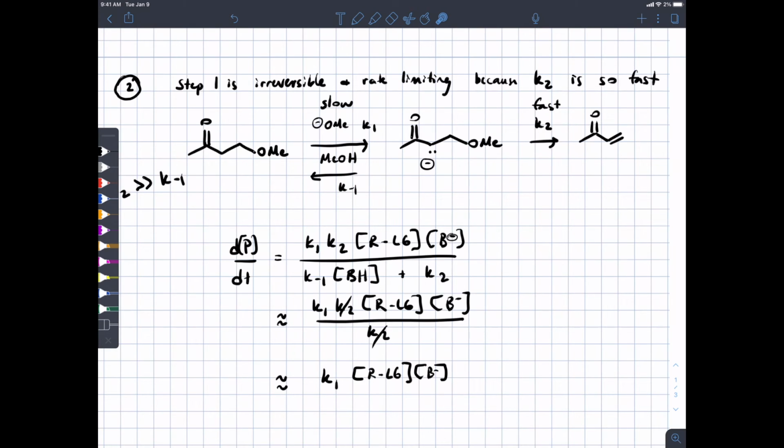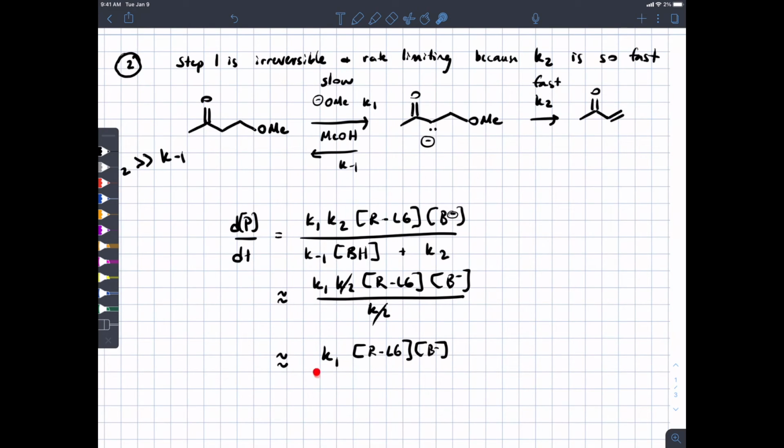And this would look in form very much like an E2 reaction. But there's a key. And that is that because the rate determining step does not involve the leaving group, changing the leaving group shouldn't cause much of a change in the rate.